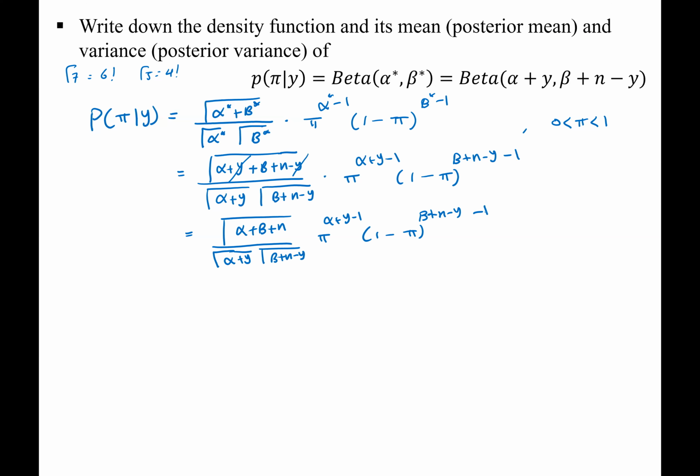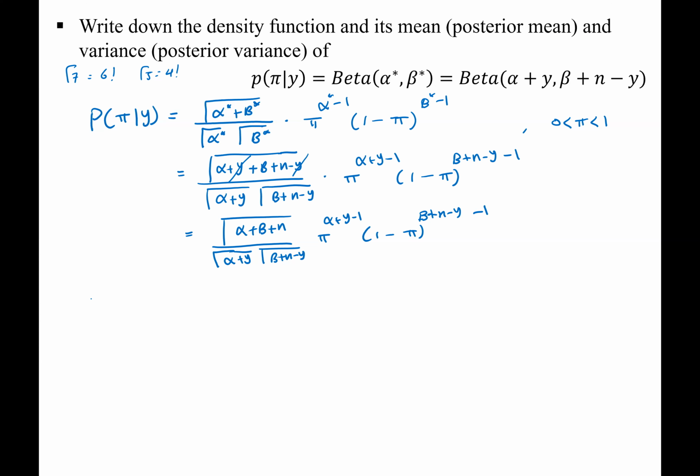And after you collect the data, plug in y and n, and you need to assign some values for alpha, some values for beta, and then you would know the exact formula for the posterior distribution of the population parameter. But you don't need this one because everything is known about this beta distribution.